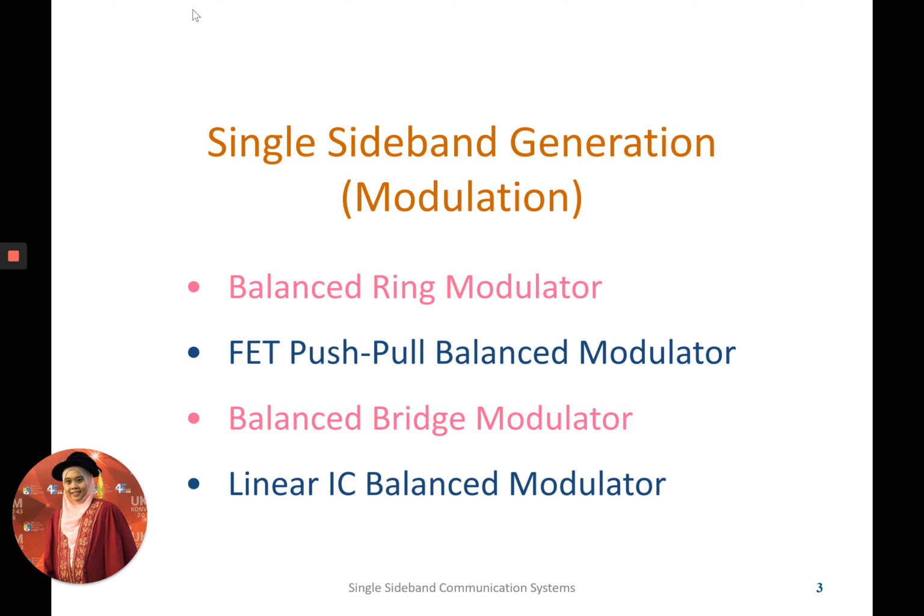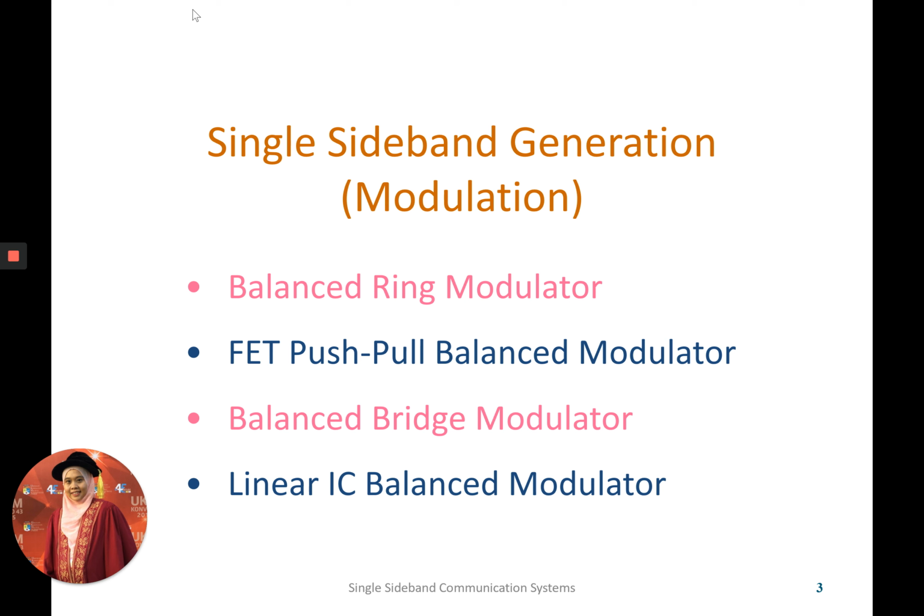So the single sideband system or signal can be generated by using a modulator. Okay, so you can actually choose what kind of modulator that you want to use in your system. So there are 4 modulators that are most commonly used, especially in generating single sideband signals.